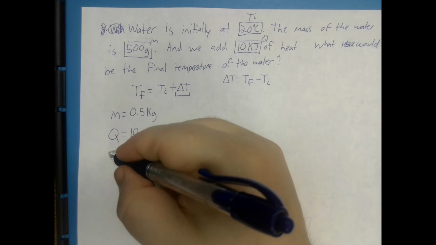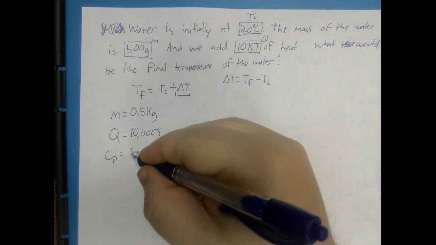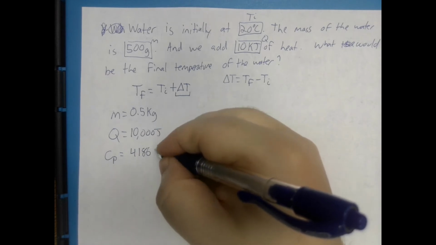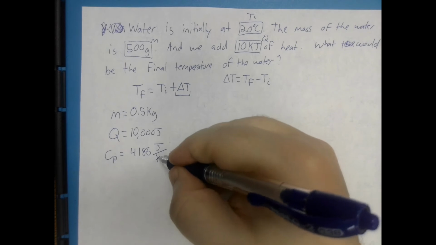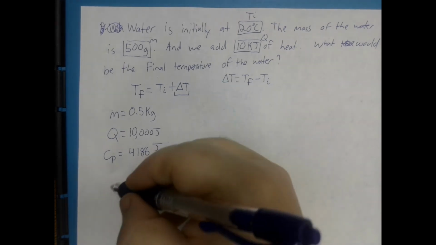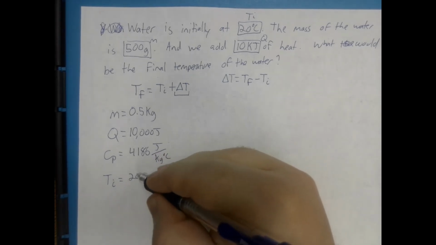Again, looking up on the table, Cp has 4,186 joules per kilogram degree Celsius. We're also given initial temperature is 20 degrees Celsius.